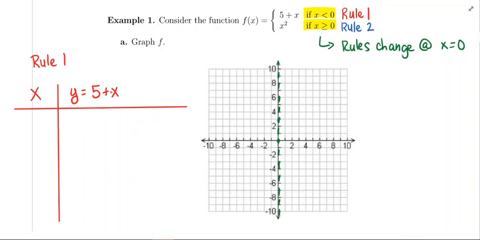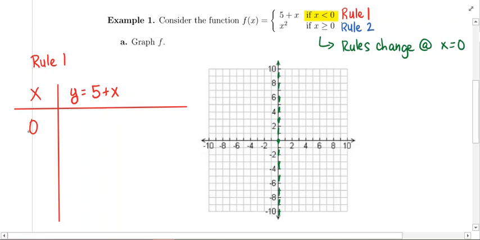Now you have to be smart about this. You cannot just pick any old x value that you want. When you look at the conditions in rule 1, let me erase this. Your condition in rule 1 is that your x values have to be less than 0. So we need to adhere to this rule. Now notice x cannot actually equal 0, but the key to getting piecewise defined functions graphed correctly is when you make your table of values, the very first x value that has to go in your table is where the rule changes.